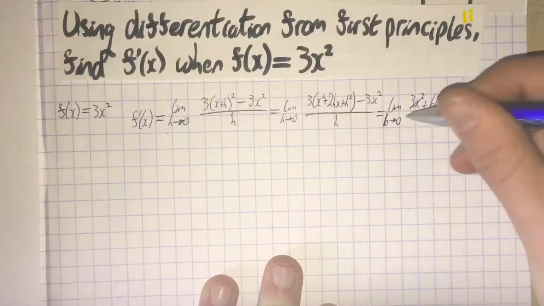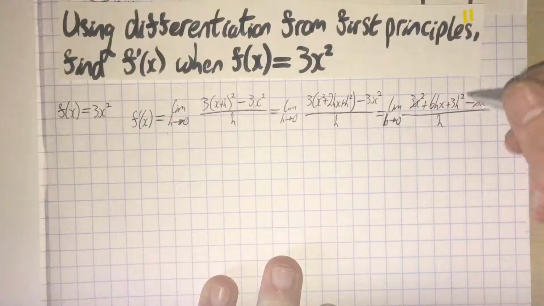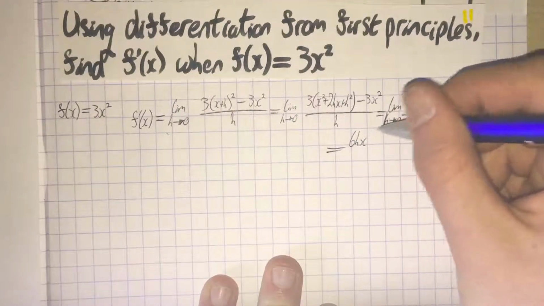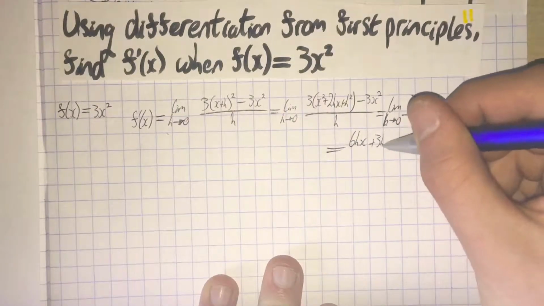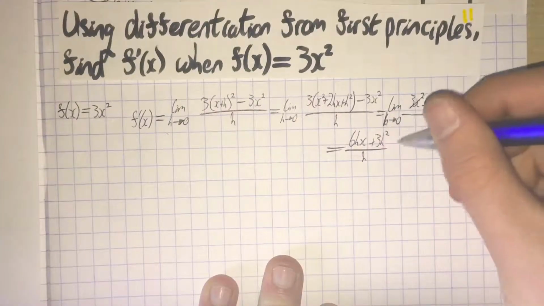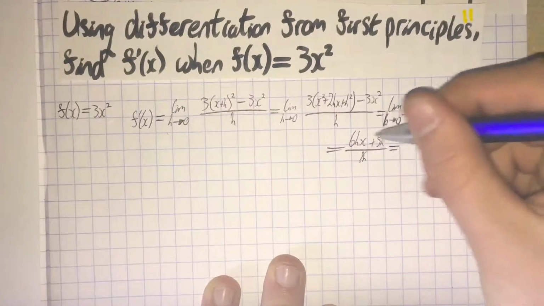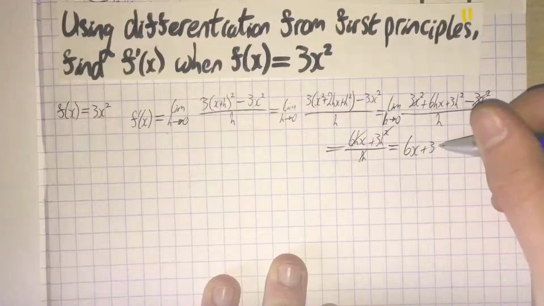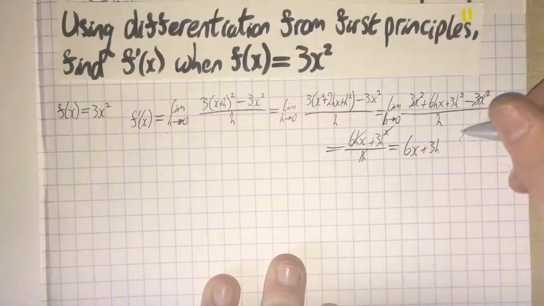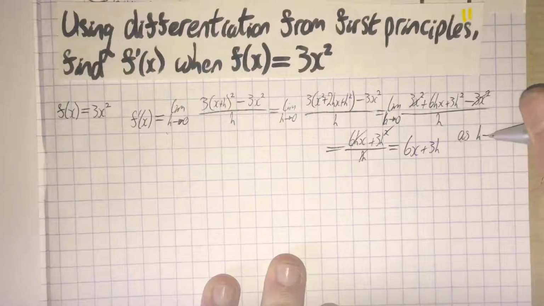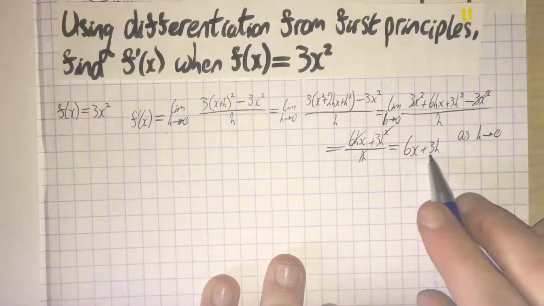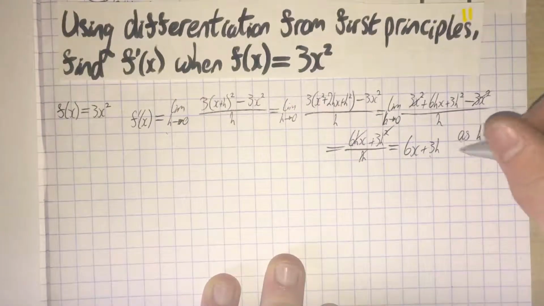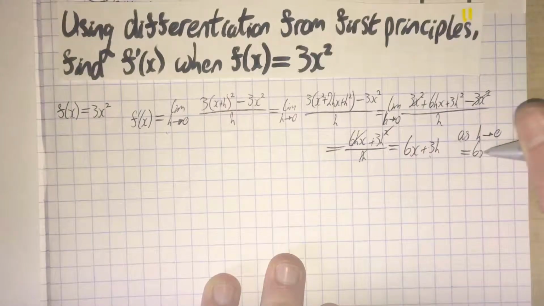So those will cancel off. This is all over h, of course. So this will equal 6hx plus 3h squared all over h. So divide out the h's. We'll get 6x plus 3h. And as h tends towards 0, this will just become 3 times 0, which is, of course, 0. So that will give us a lovely 6x.